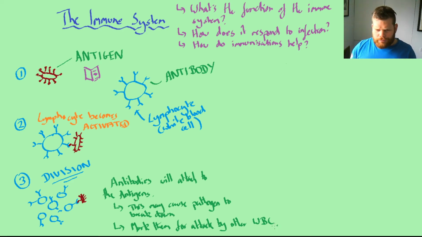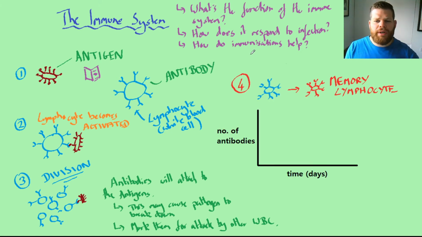So what we've talked about there is the immune system, the antigens, the antibodies, the lymphocytes becoming activated, and the division. So what happens now? You've been infected by this pathogen, and your immune system has defeated the pathogen. What next? Let's have a little chat about what happens when you get reinfected with the same pathogen.